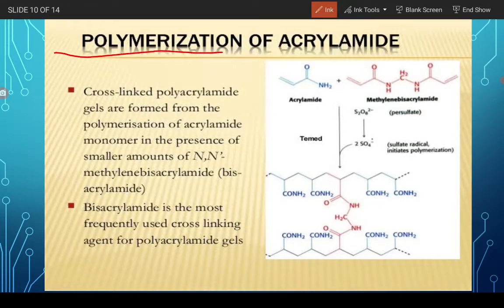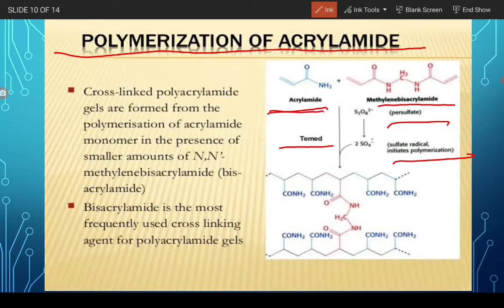How the polymerization of acrylamide occurs. This is an acrylamide monomer, this is a methylene bisacrylamide structure, and we need TEMED, which is tetramethylene diamine, and we need the persulfate radical. So what happens? The acrylamide and bisacrylamide polymerize to form this polyacrylamide gel.